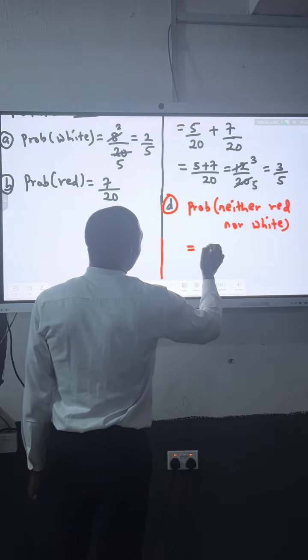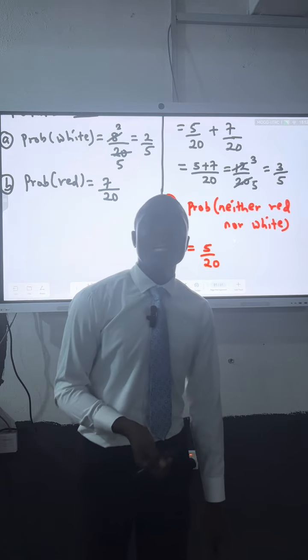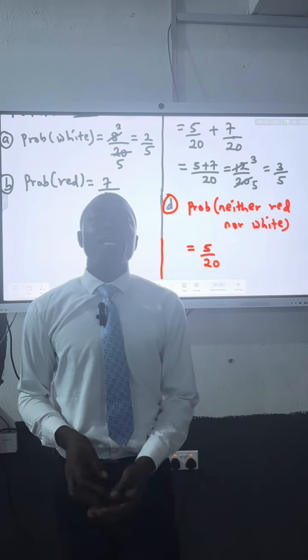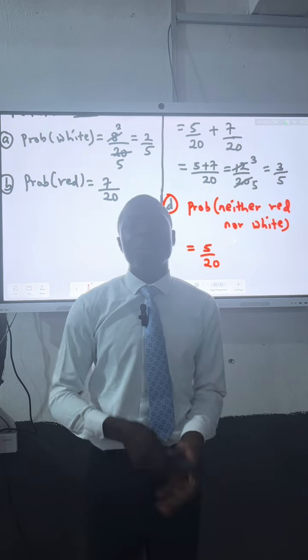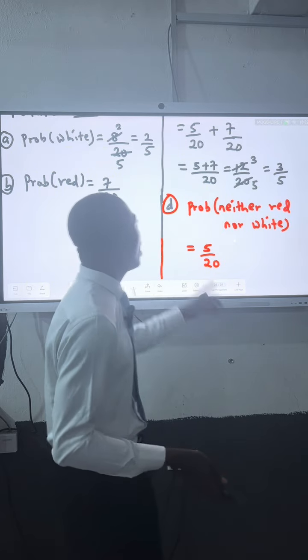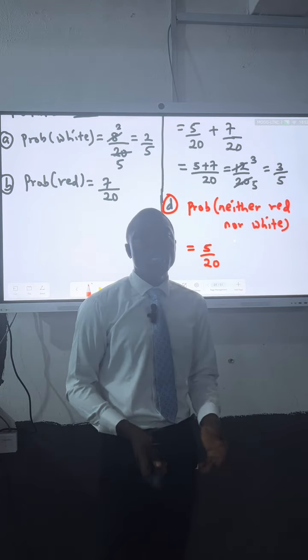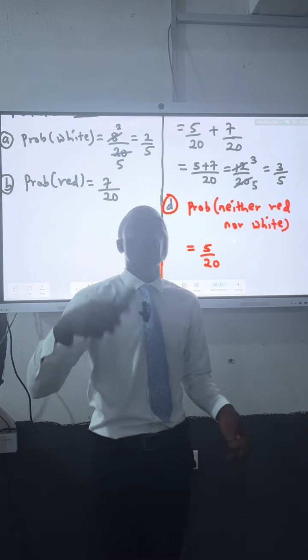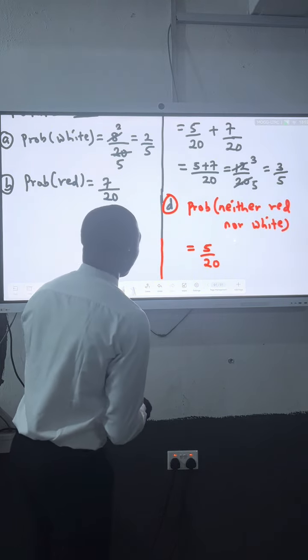Neither nor means that if you say, for example, neither Peter nor Paul is here, it means Peter is not here, Paul is not here, none of them is around. So if you say neither red nor white, it means it's not red and not white, so what you pick must be blue. That's why it is 5 over 20.